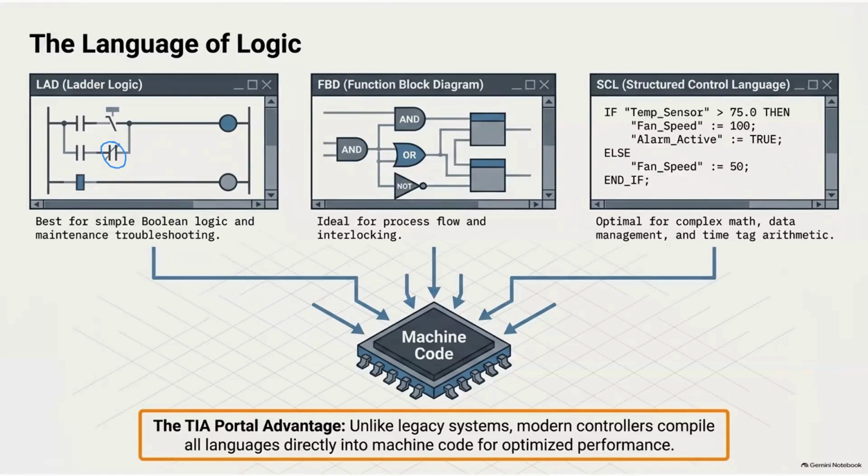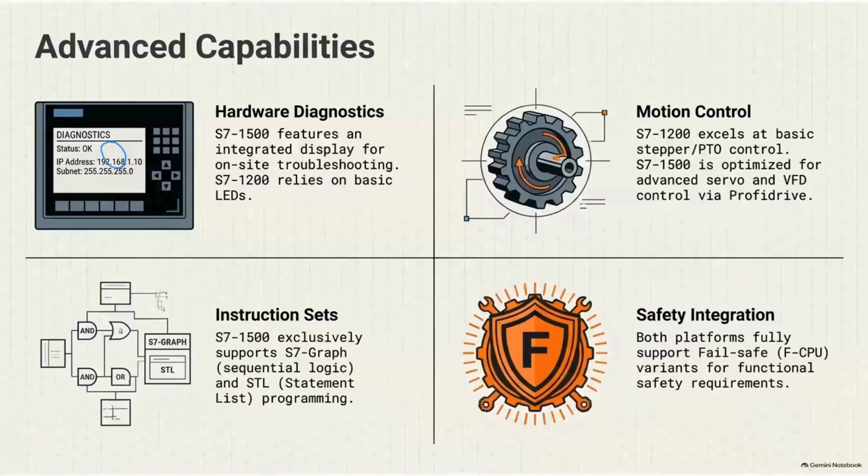Siemens particularly has many platforms, and in that we have to develop this logic. During that development, we can choose the option either ladder logic, FBD, or SCL. And many other languages are also there. We can write code directly, like VB script. Other than SCL, there is another way of providing the logic. The only thing is we have to select it there. We can do it either way.